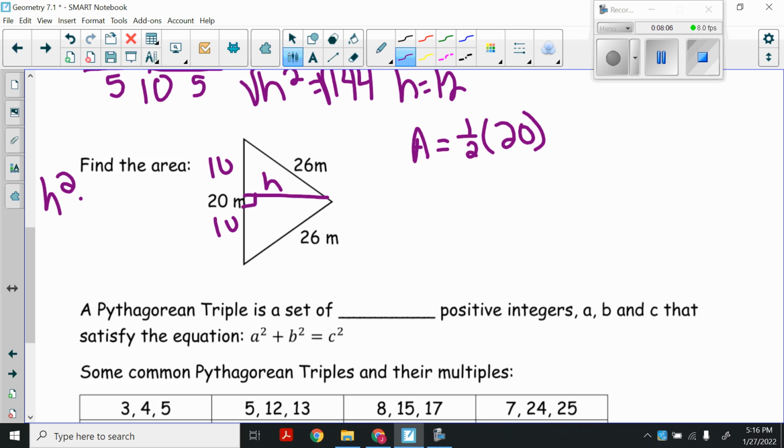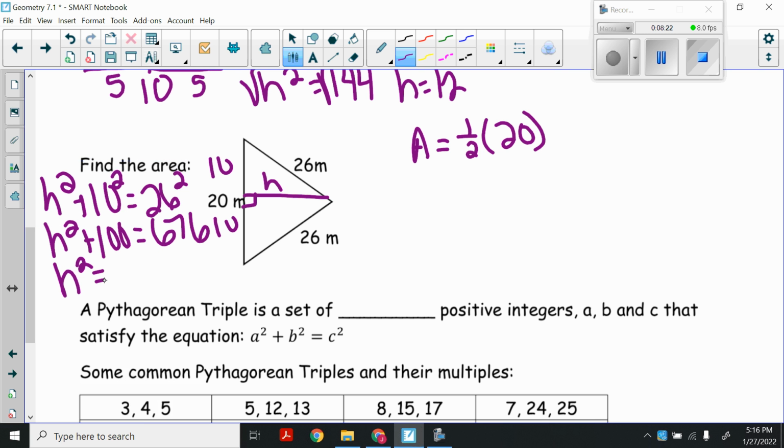So h squared plus 10 squared equals 26 squared. So h squared plus 100. So let me see, what is 26 squared? It is 676. So subtract 100 from both sides. So h squared is 576.